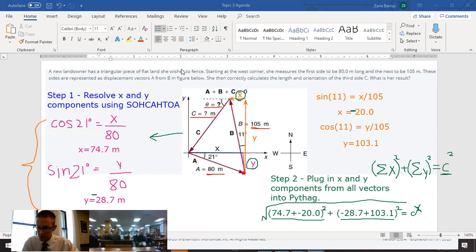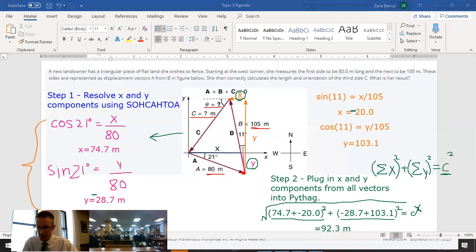And I get an answer. Okay? How many of you are doing this with me? Raise your hand. Good. If you're not, please do this. Okay, just to get the practice in. Okay, so I get that my final vector is equal to 92.3 meters.